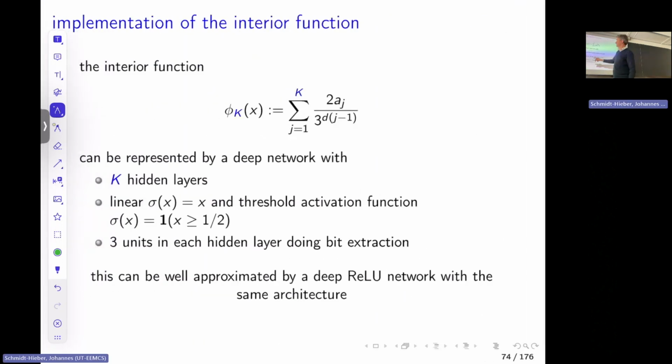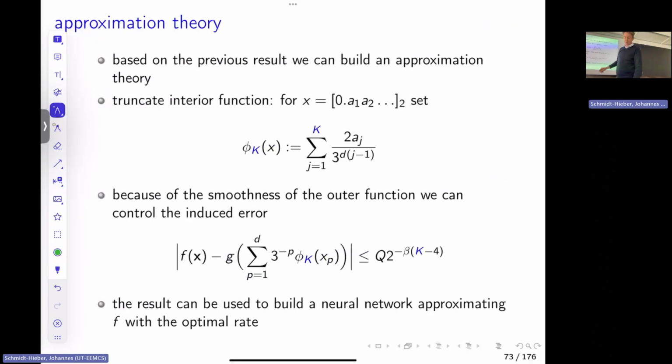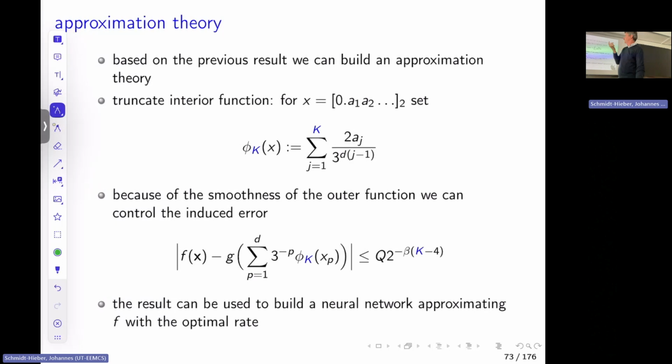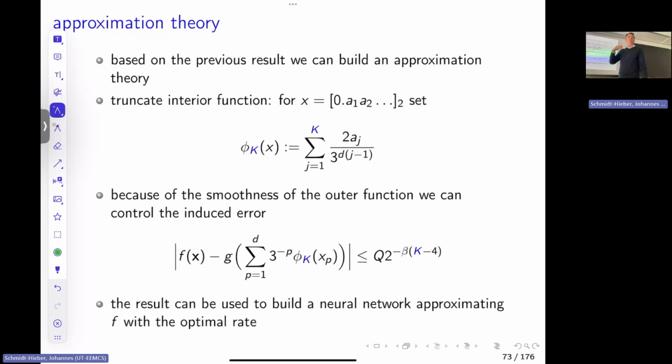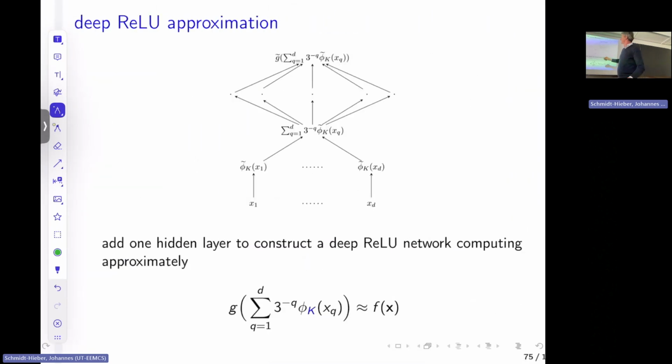That gives you this phi function in here. And this is not a real layer because you can collapse it again into one layer. Then you have this very wide last hidden layer where you learn this function g. The g is rough, but you can do that with one hidden layer, just because it's univariate, you just do piecewise constant or piecewise linear approximation. That's good enough to give you the optimal rates in this case.